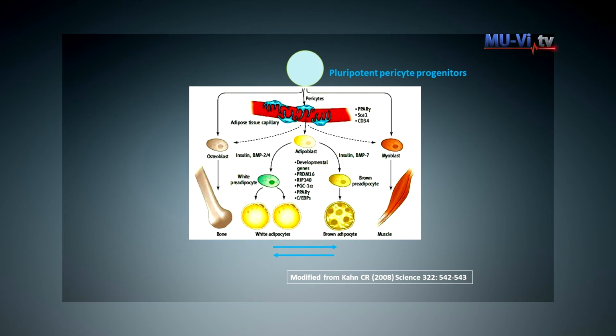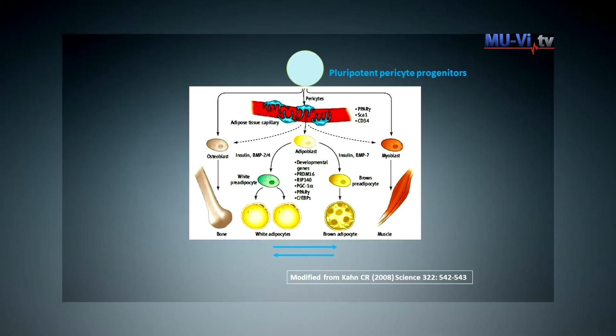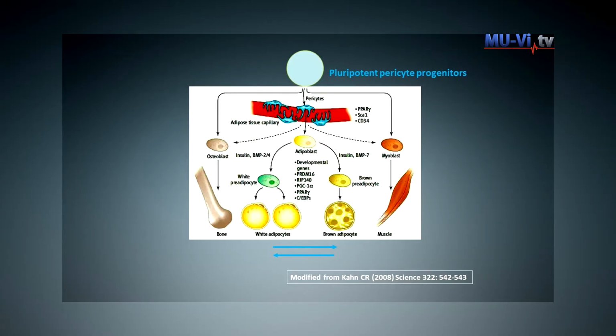They reach the blood vessels, and from the blood vessels, if they are activated, they build adipoblasts, and these adipoblasts produce white adipose tissue and brown adipose tissue. And these tissues can change one to the other and back, and this is also a marker that these cells originate from the same progenitor cells.